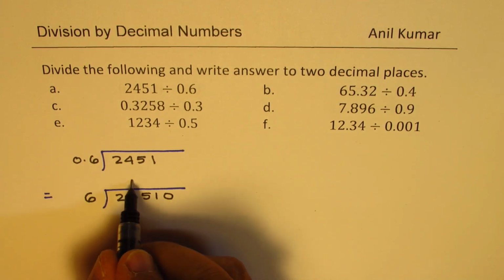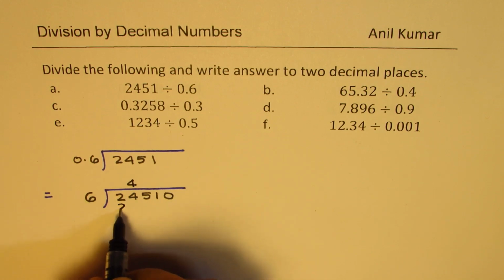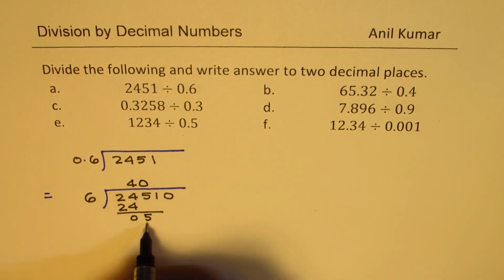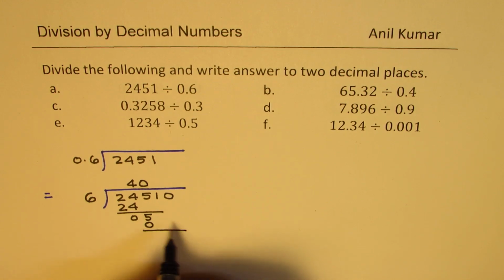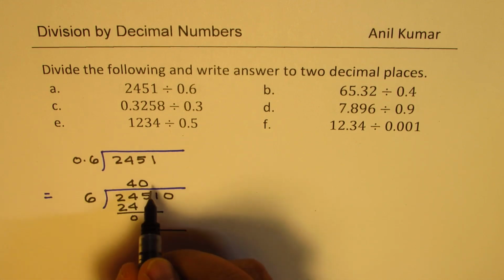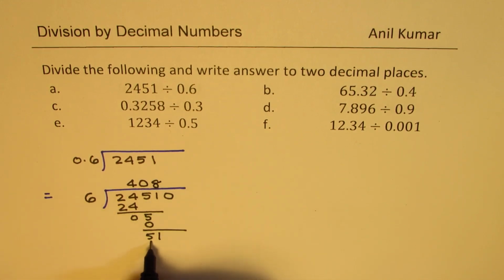6 times 4, as you know, is 24, and when we take away, we get remainder of 0, so we'll bring down 5. 6 times 0 is 0, so now the remainder, when we take away, we get 5 as the remainder, bring down 1. 6 times 8 is 48.